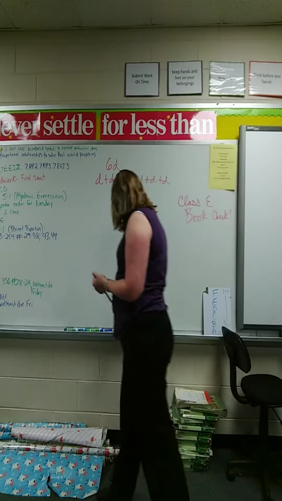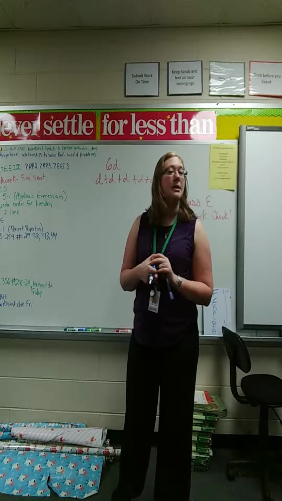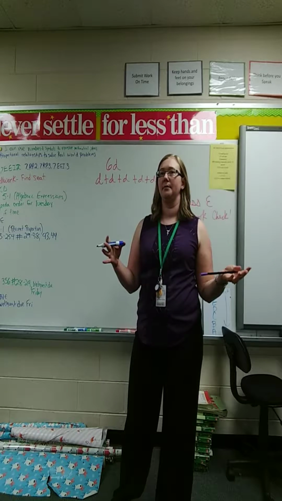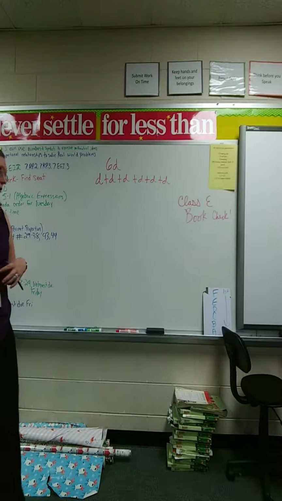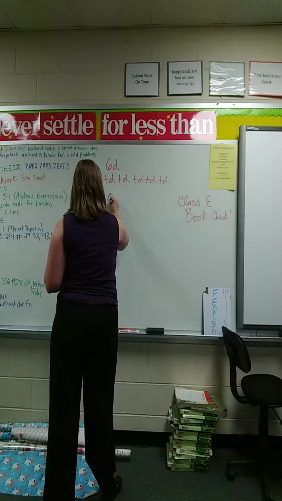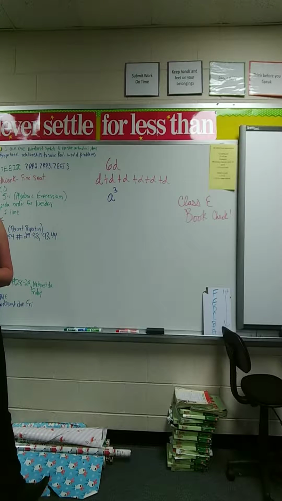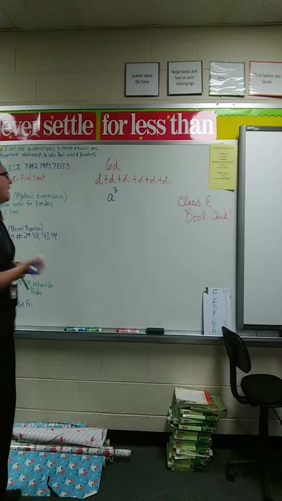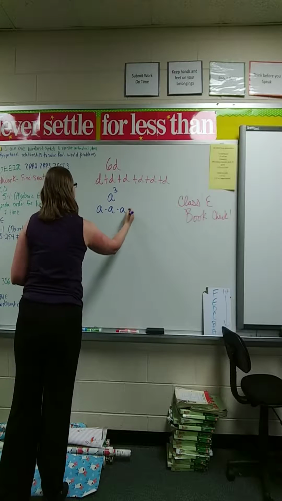Now, if we have two variables next to each other, that means that we multiply them together. But let's say that we had a cubed. If we have the variable a to the 3rd power, what that means is that I have a times a times a.